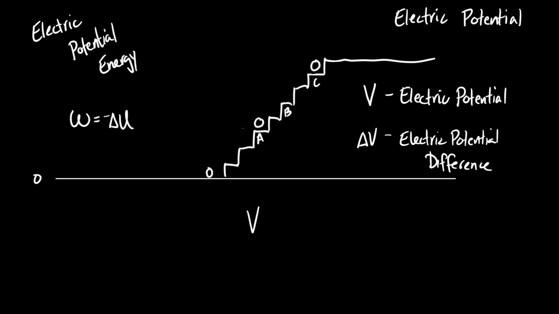The electric potential is defined as the energy per unit charge. I think you can all probably figure out that U_E has to be the electric potential energy, just like U_G was the gravitational potential energy. So we will define electric potential as the electric potential energy per unit charge.